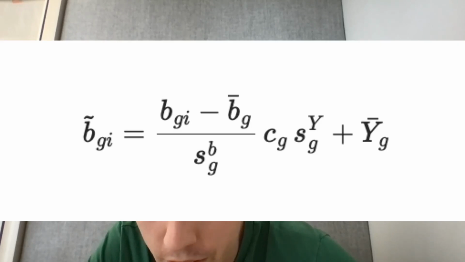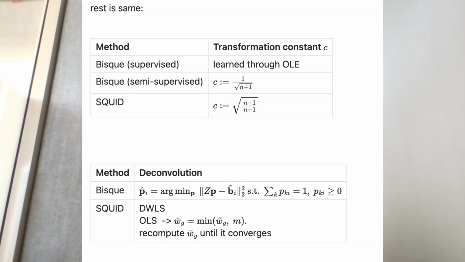Then you have the transform, which I calculated. Really all it is, is plugging this in here, and this you then learn. For the semi-supervised version, the only change is that this term is constantly set to the square root of 1 divided by n plus 1, I think.